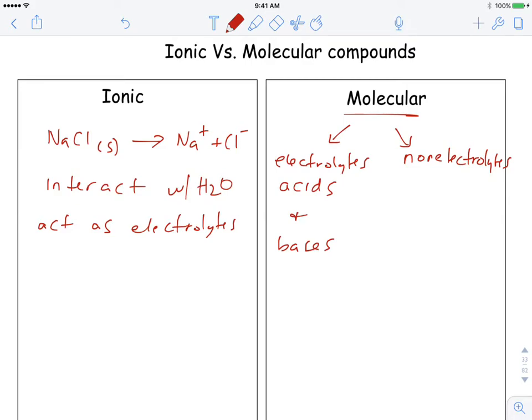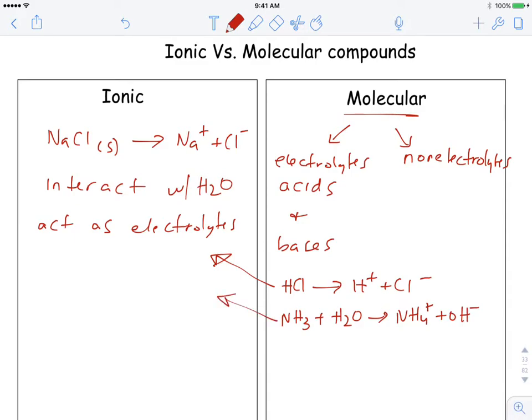Acids, for example, if I were to put them into water, like HCl, it would break up into ions. And those ions would default to behaving ionically. They would act as electrolytes. I could do the same thing with bases like NH3. When that interacts with the water, it again forms ions. And again, those would act like electrolytes.